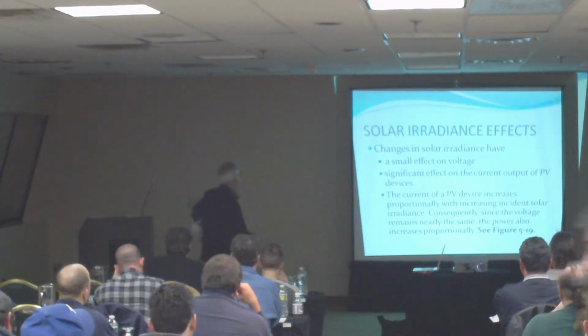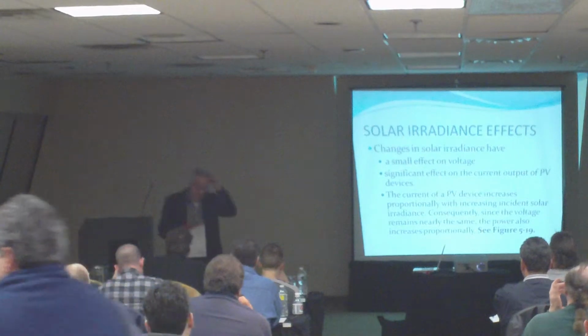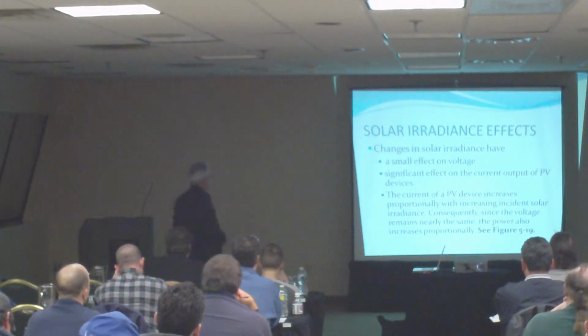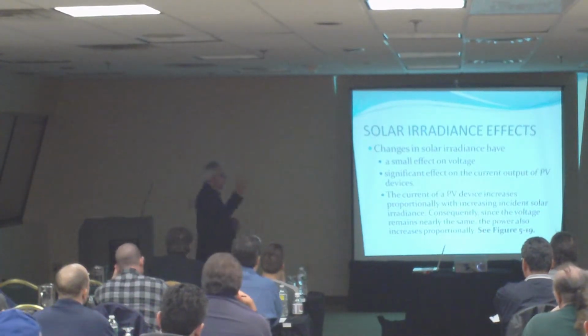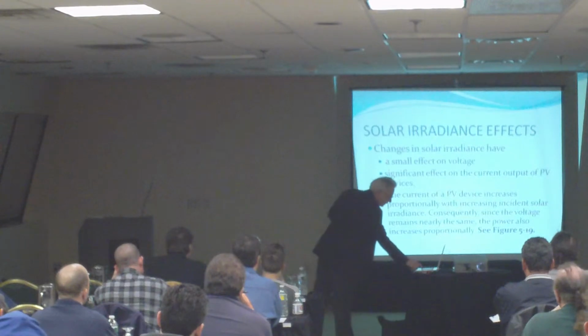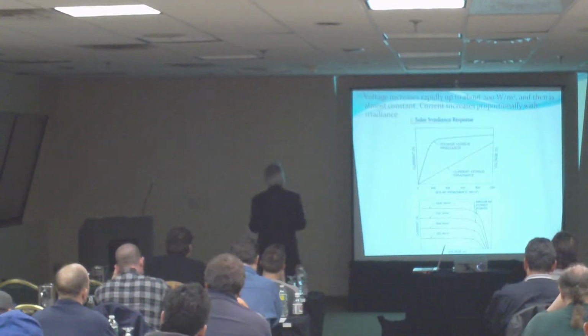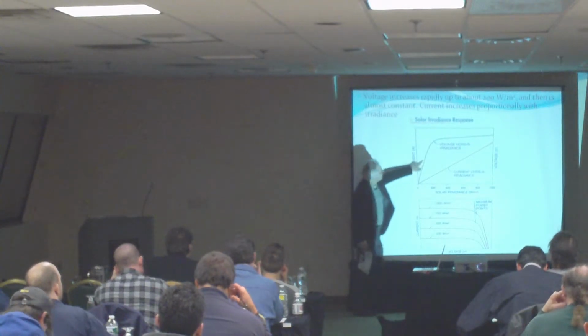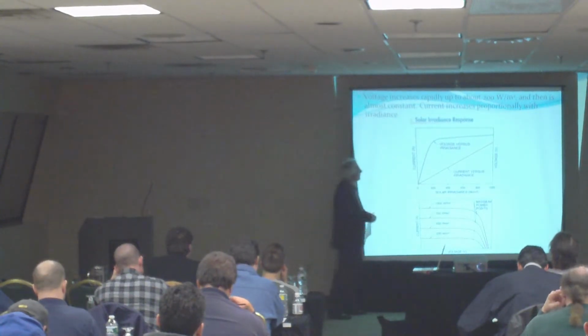I don't know. Okay. So the current of a device increases proportionally with the amount of incident solar irradiance. Since the voltage remains the same, the power increases proportionally. And if we take a look at it, you can see in here the voltage versus irradiance.